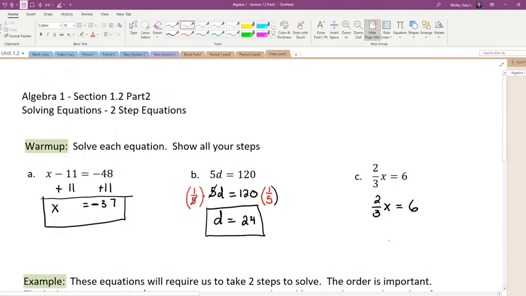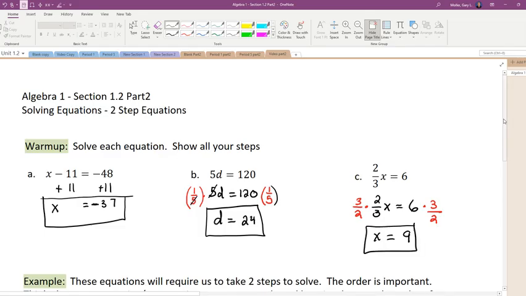So instead, that's why we've taught you, don't divide, multiply by the reciprocal instead, because that is the same thing as dividing, and it avoids that awkward situation. So 3's cancel, 2's cancel, and I'm left with x equals 18 over 2, which is 9. And that's what we do.